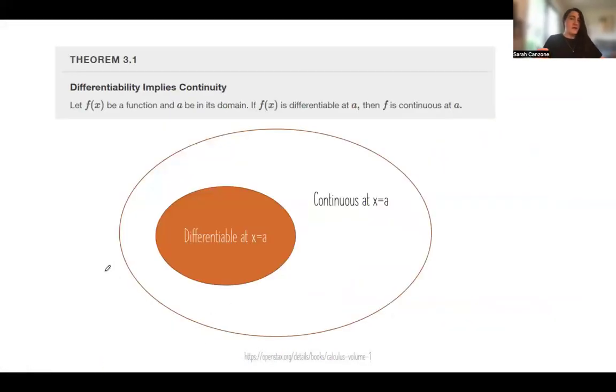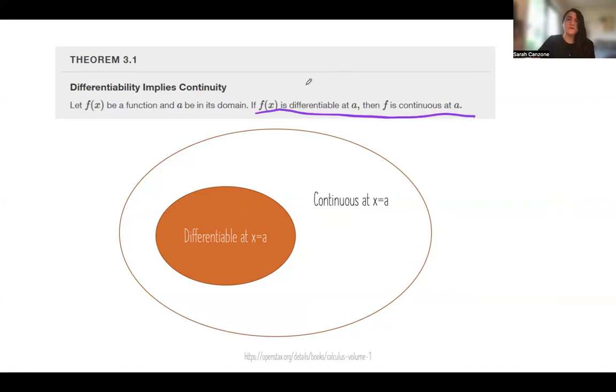All right. Now we're going to kind of come back to talking about differentiability real quick and continuity. And so this is just kind of a little visualization of the difference between being differentiable and being continuous. What this theorem is telling us is if f of x is differentiable, then it is continuous at a specific point.